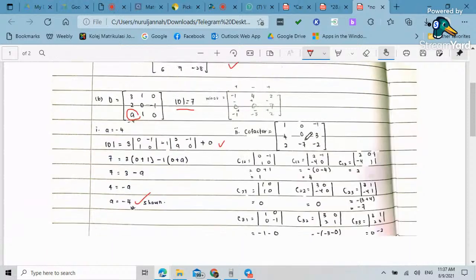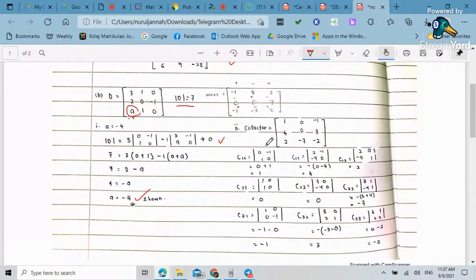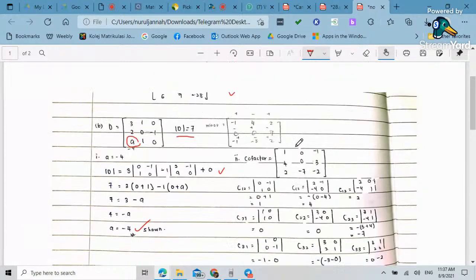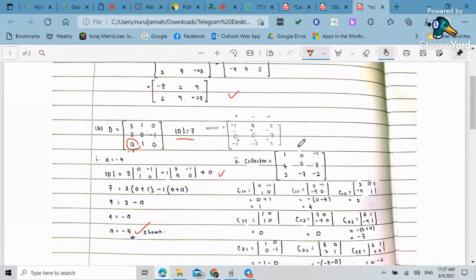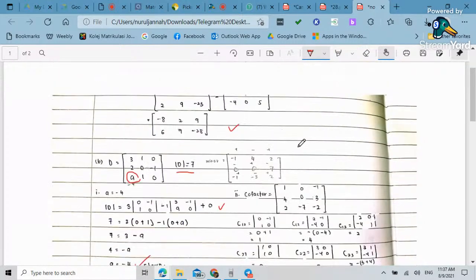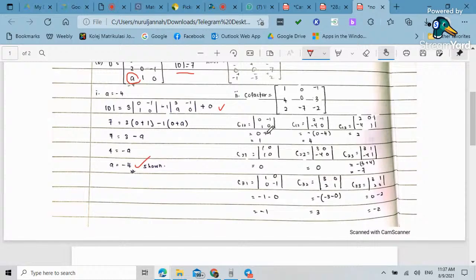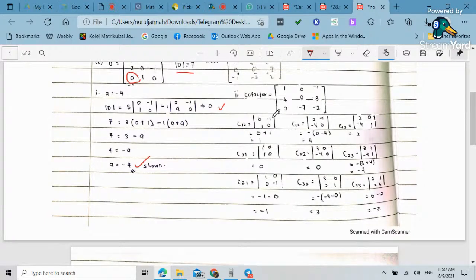Next, to find the adjoint, you need to find the cofactor first. But how can you find it? Sophia, give the letter to Kak Ali, excuse me.